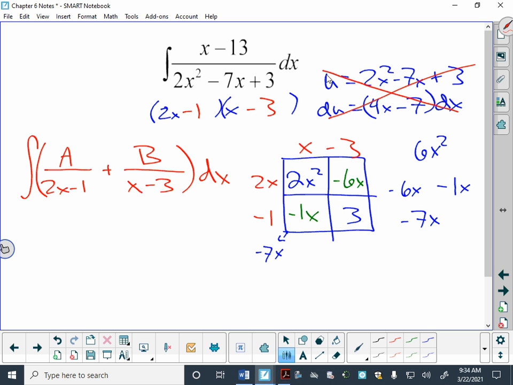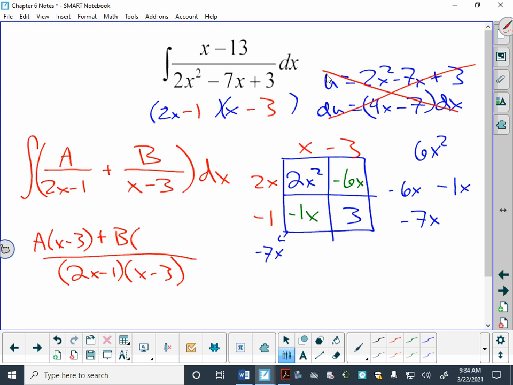So let's do that. Let's take this and find the common denominator, which we know is going to be 2x minus 1 times x minus 3. And we would have had to adjust this numerator by multiplying it by x minus 3. So that would have been a times an x minus 3.